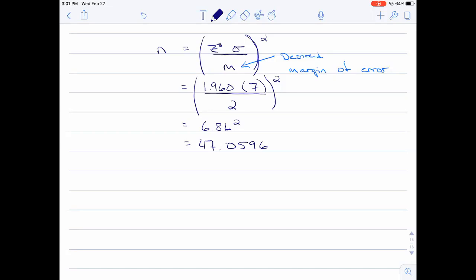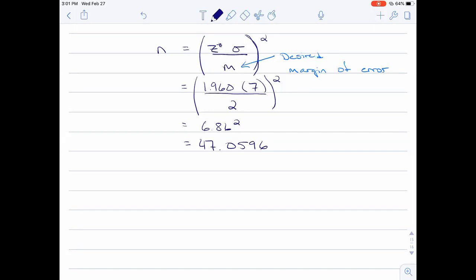Right? Our goal was 2, no more. And so for these sample size calculations, you have to round up to the nearest whole value. Right? So in our case, we would have to sample 48 wine tasters to get our margin of error down. And it would actually be less than 2, but that's good.